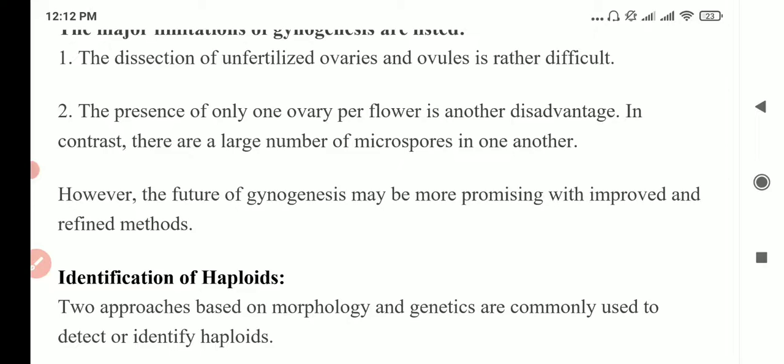So you know how difficult it is to dissect the ovaries and to take out just the ovules. Just imagine how much more difficult. And then how many ovules are there in one flower? There's just one. You need only one, because the three degenerate, so you have only one chance. So that is also another disadvantage.